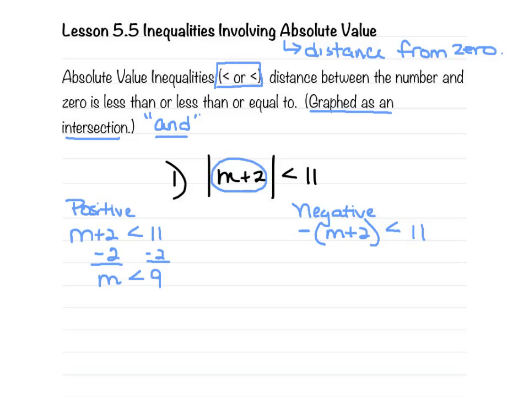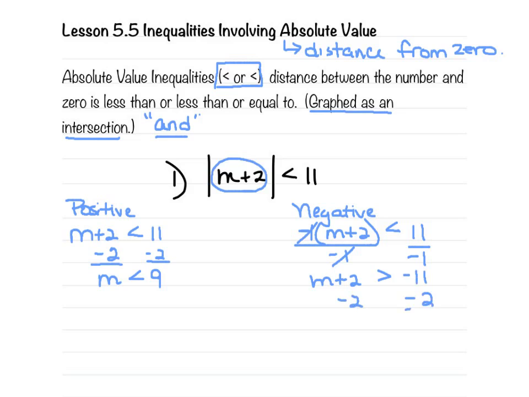In order to solve for M here on the negative side, because this negative is as though we multiplied what's inside the absolute value bars by -1, to undo that, we'll divide by -1 on both sides. Let's recall that when we divide both sides by a negative, we flip the inequality. So this is M plus 2 is greater than -11.